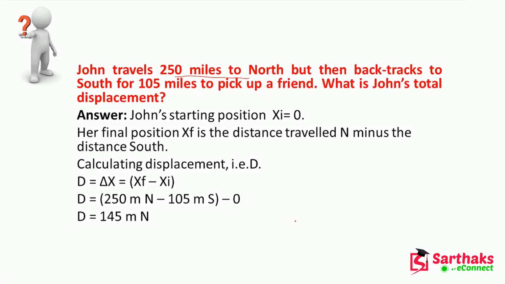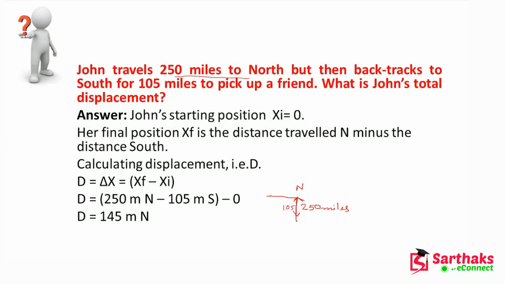John goes towards north, that is 250 miles, then back to south. That means the same path he will follow, 105 miles, to pick up the friend. What will be John's total displacement?